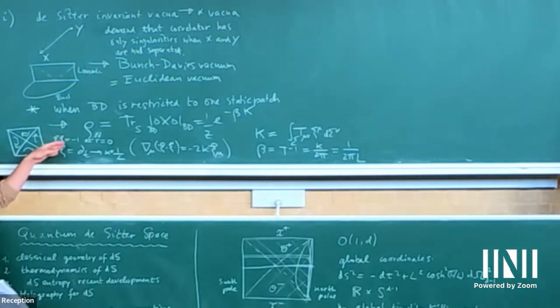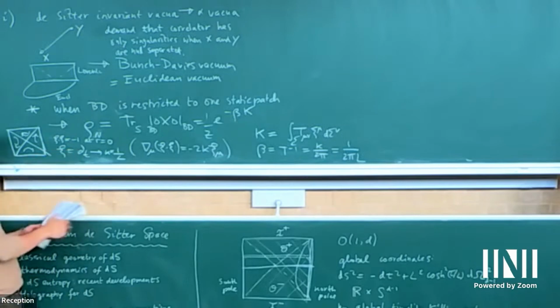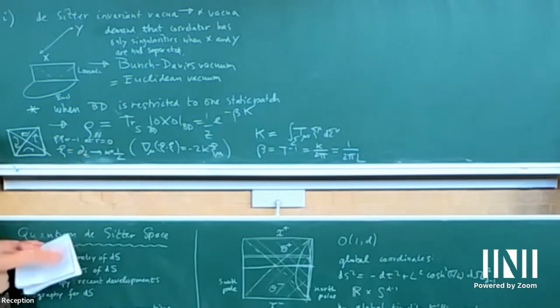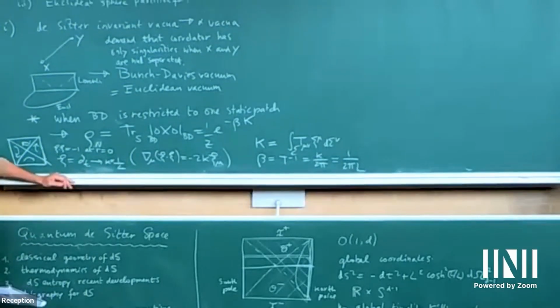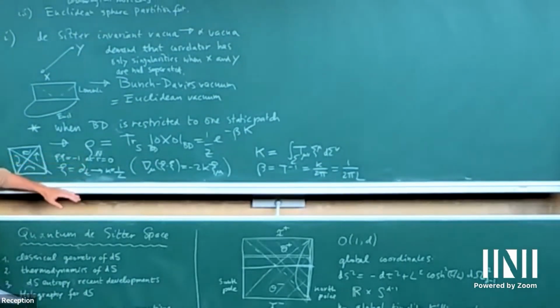But in principle, you could have normalized it differently, with some constant here, and then kappa also changes. But with this choice of normalization, you get 1 over 2 pi.